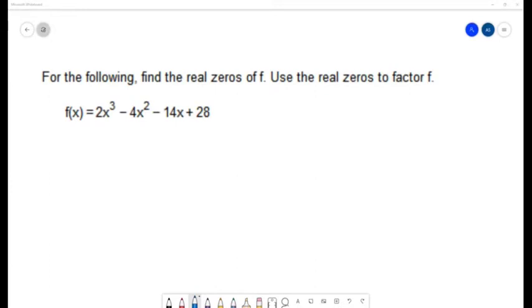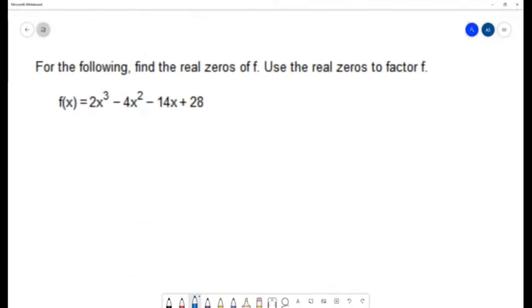So I'm going to take another approach on solving this problem. Instead of taking the route of factoring, I'm going to use the theorems that we talk about to identify the real zeros. So the first thing that I would do would be to notice that there is a common factor of 2. I'm going to factor 2 out of the whole polynomial.